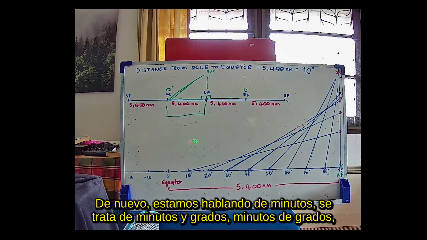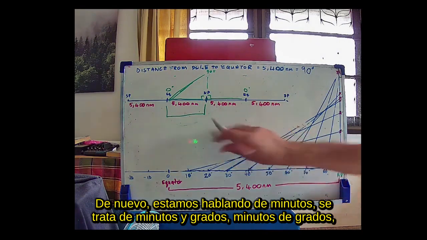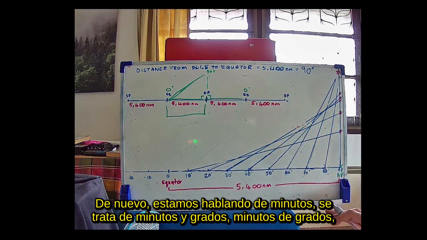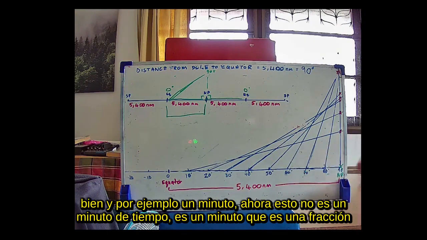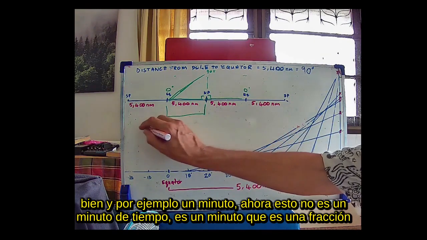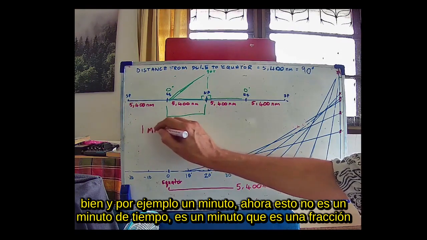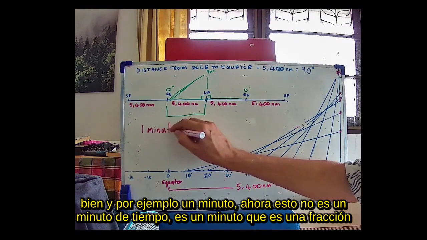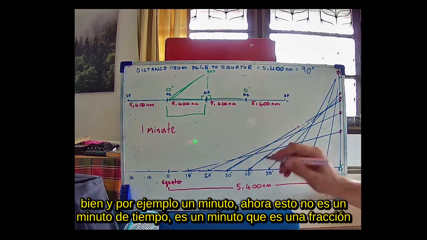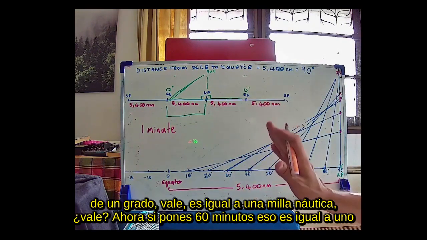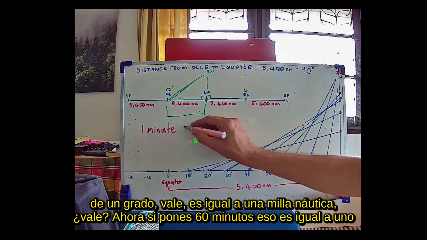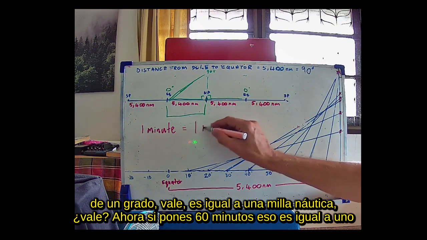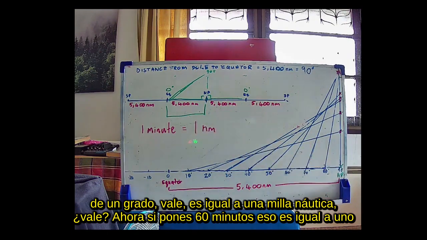Okay, so again, it's all about minutes and degrees, minutes of degrees. For example, 1 minute, now this isn't a minute of time, it's a minute that's a fraction of a degree, is equal to 1 nautical mile.